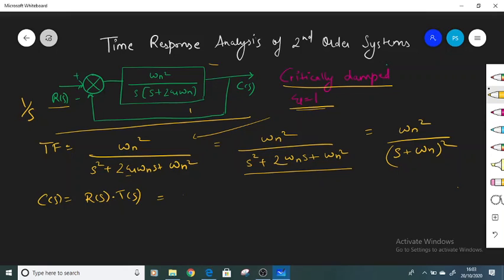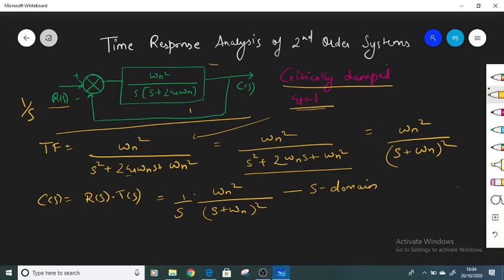If we take the input as 1 by s, the transfer function we have already derived as omega n square divided by s plus omega n the whole square. So this is going to be the output in Laplace domain, or we can say the S domain.